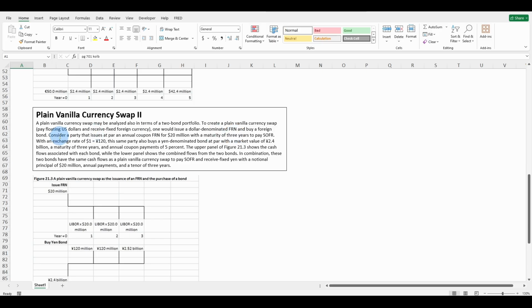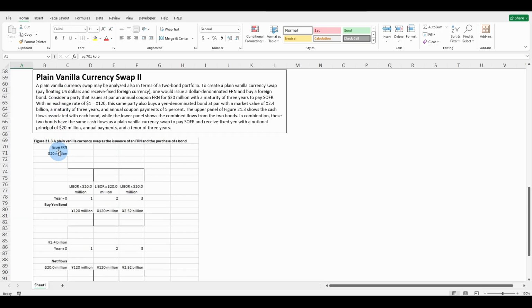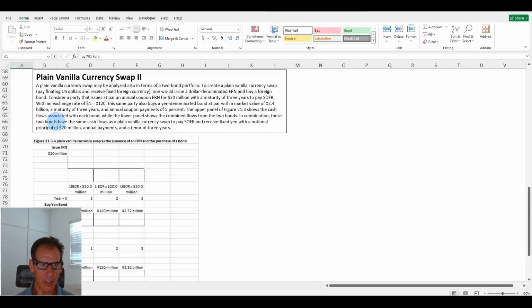Consider a party that issues at par an annual coupon FRN for 20 million with a maturity of 3 years to pay SOFR. With an exchange rate of 1 to 120 yen, this same party also buys a yen-denominated bond at par with a market value of yen 2.4 billion, a maturity of 3 years, an annual coupon payment of 5 years.